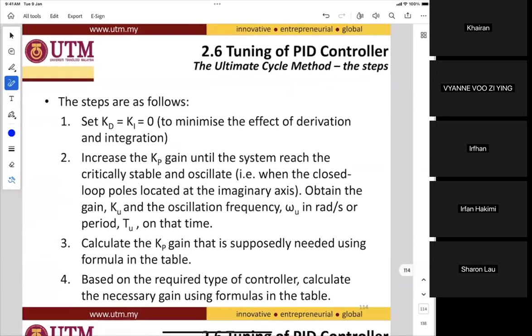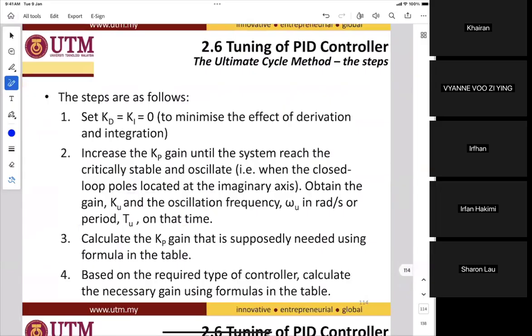And this ultimate cycle method has steps as follows. First, you set KD and KI equal to 0 to minimize the effect of derivative and integration. Make it 0 first.